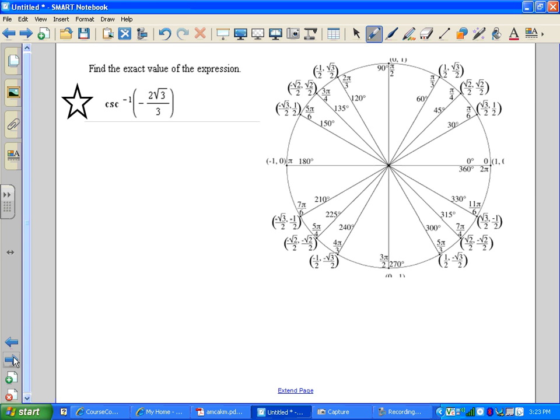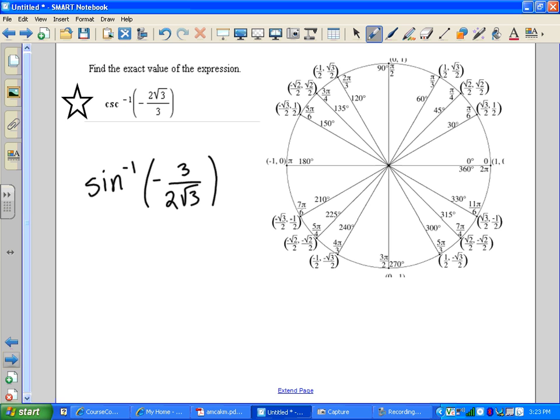So instead of finding inverse cosecant, we could just find inverse sine, but not of the same quantity. We would find the inverse sine of negative 3 over 2 square roots of 3, so we just do the reciprocal identity there. Now, let's rationalize that, and it's going to pop up to something that we actually know.